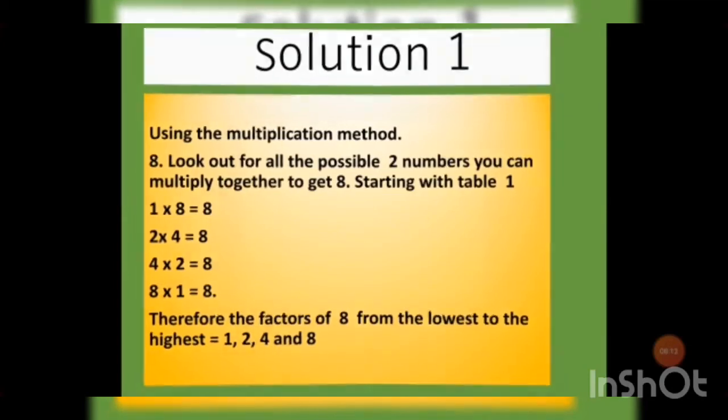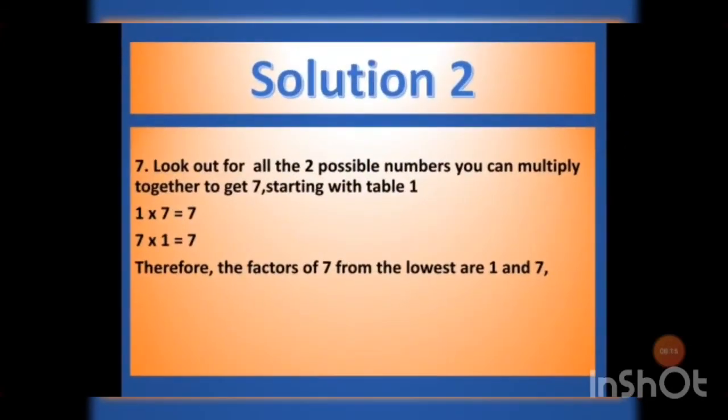Example number 2, let's find out the solution. Now we're looking for the factors of number 7. What do we look out for? Look out for all the 2 possible numbers you can multiply together to get 7. And as always, you start with table 1.